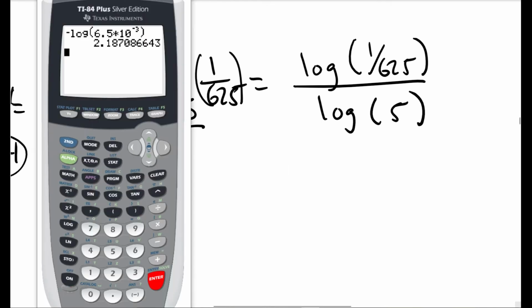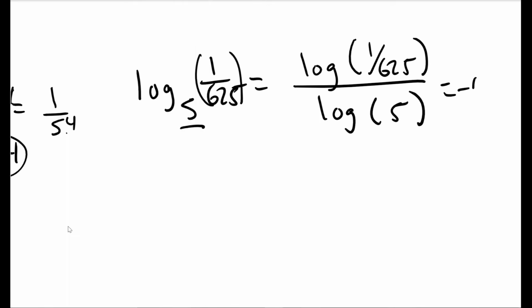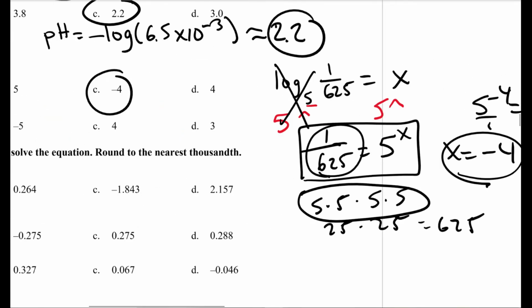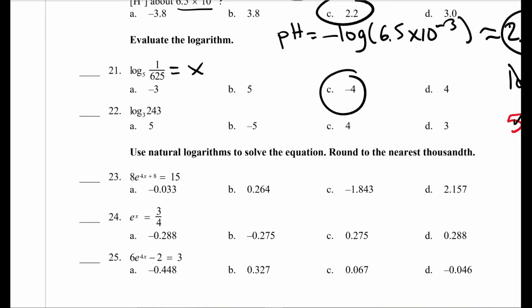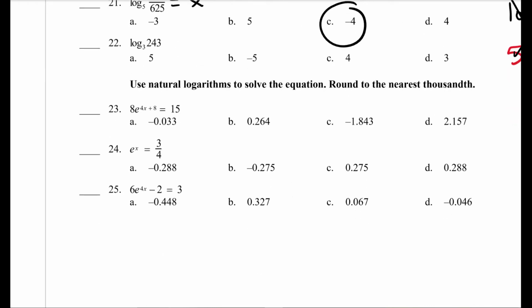So we're going to show you that calculation. So we have log 1 divided by, let me do it again here, divided by log of 5. Okay, and that gives you negative 4, which is the exact same answer that we got earlier using a little bit of mental math.